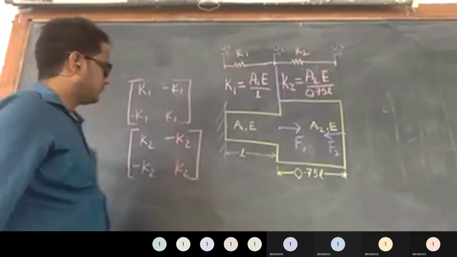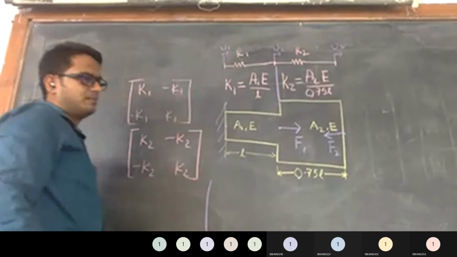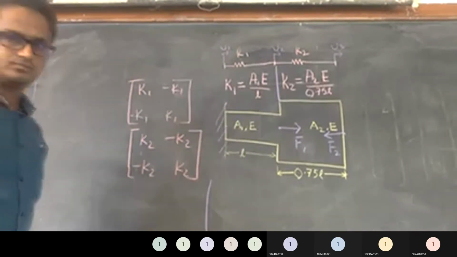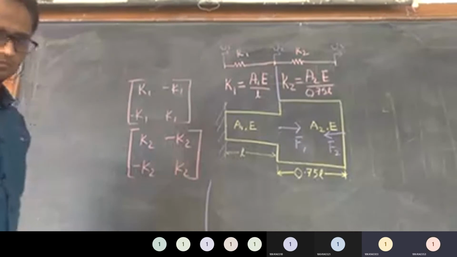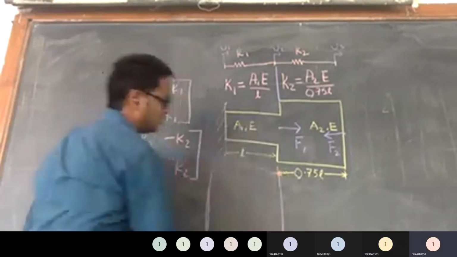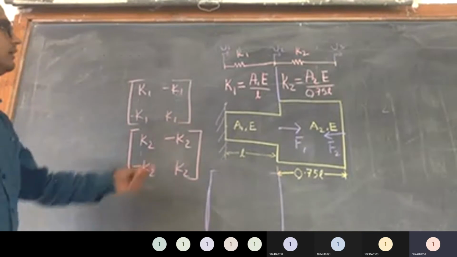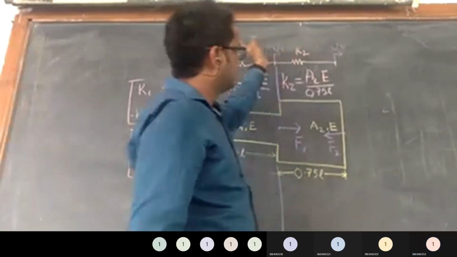What will be the order of the global stiffness matrix here? 3 cross 3. Very good. You have not 2 by 2, but 3 by 3, as there are 3 nodes: 1, 2, 3.